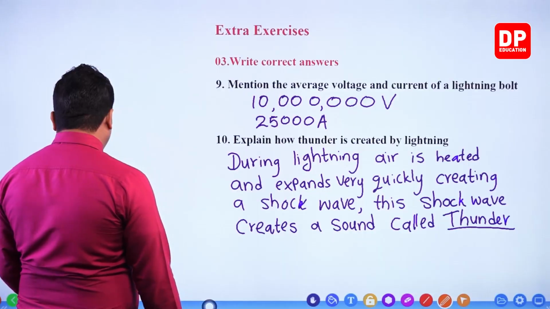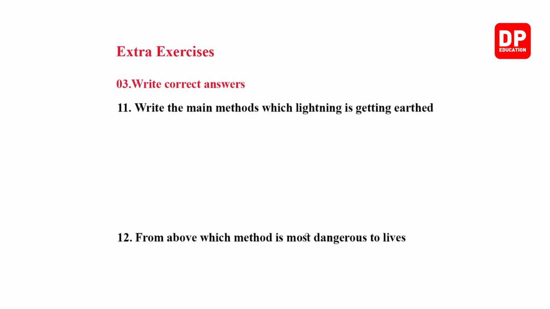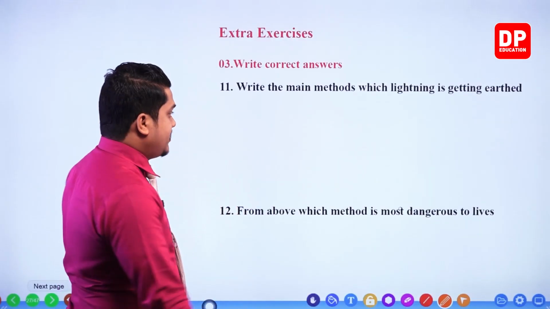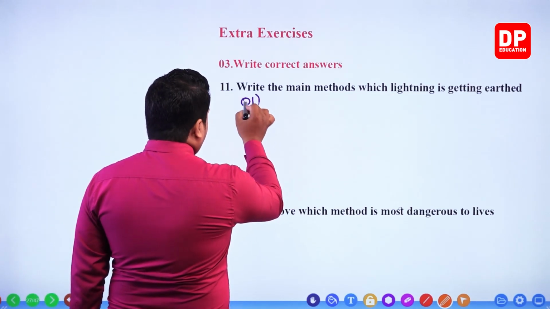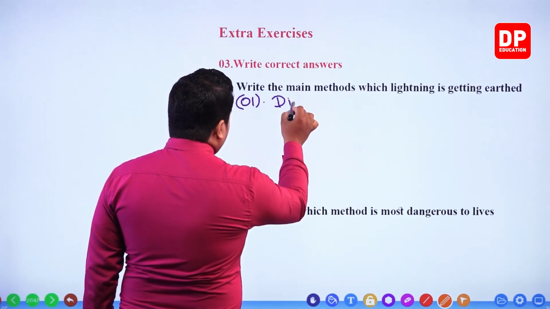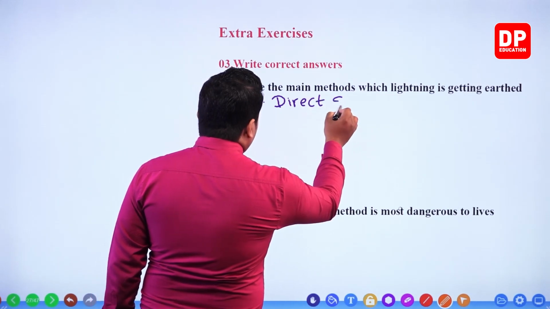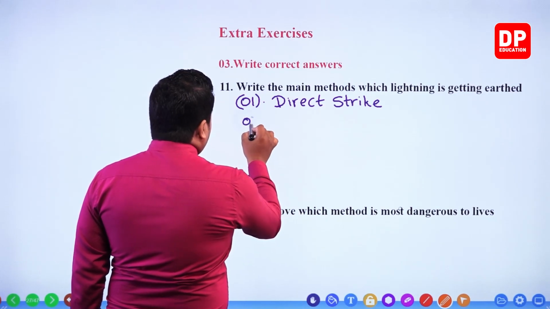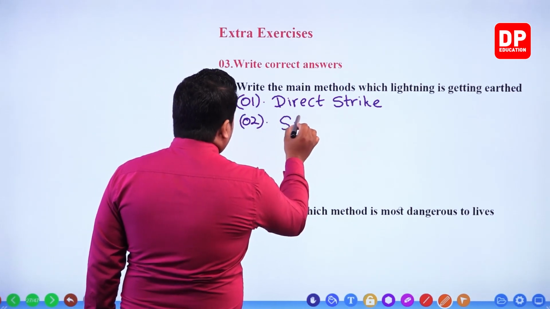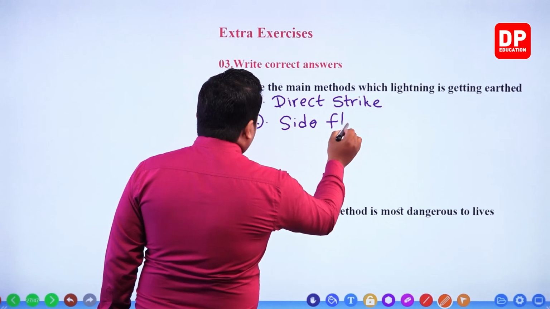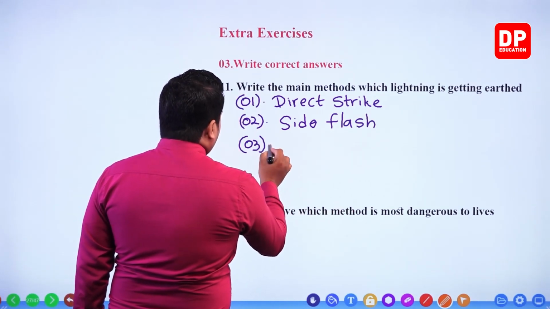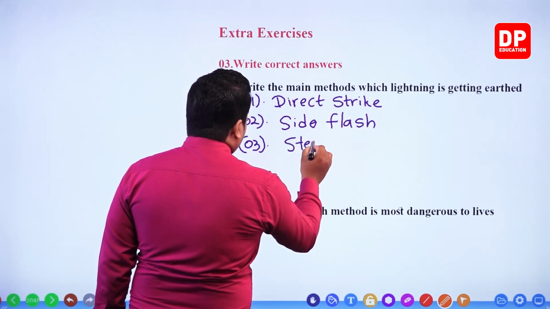Okay, then question number 11. Write the main methods which lightning is getting earthed. Main methods. So we'll write down the main methods. Number 1, direct strike. Side flash. Step potential.